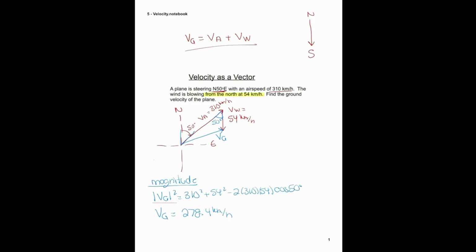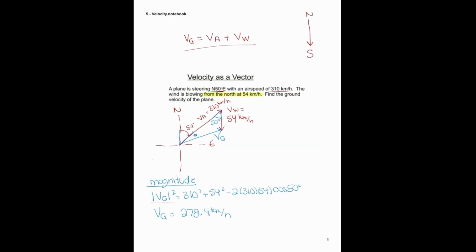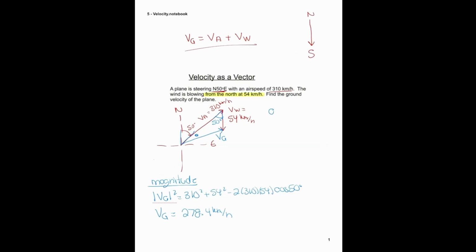Now this is a vector, so we need both magnitude and direction. So we're going to find this angle right here and then add it to our 50 degrees. To find the direction, we can use the sine law. So I have sine of my unknown angle all over 54 is equal to a sine that I know. Well, I know sine 50, and the side opposite sine 50 is 278.4.